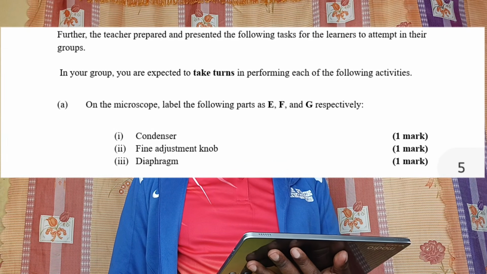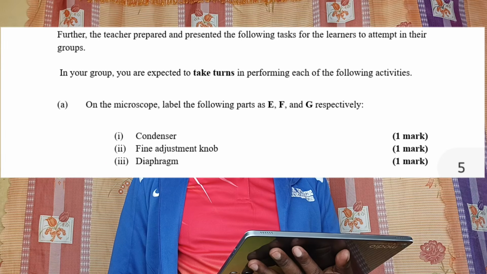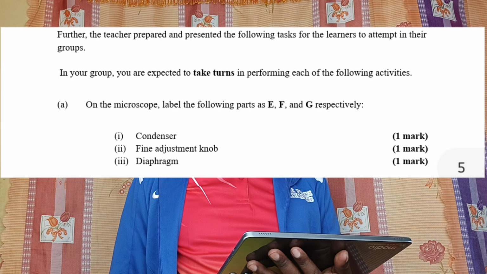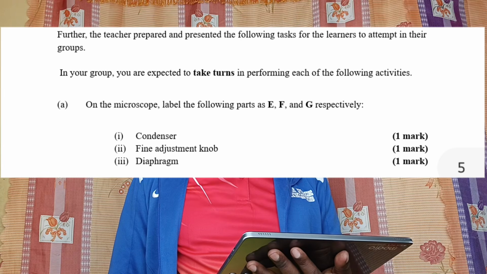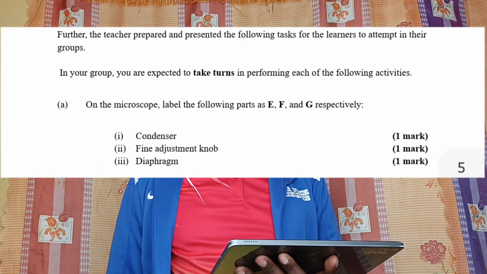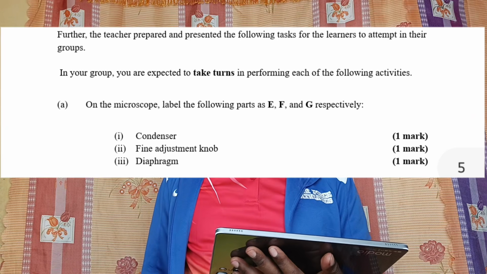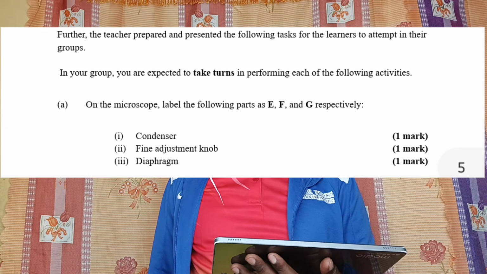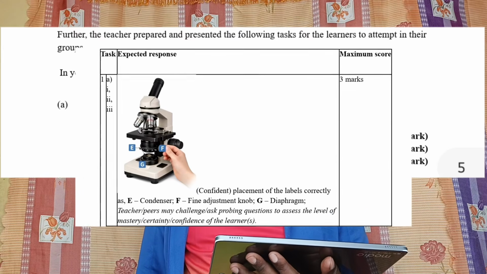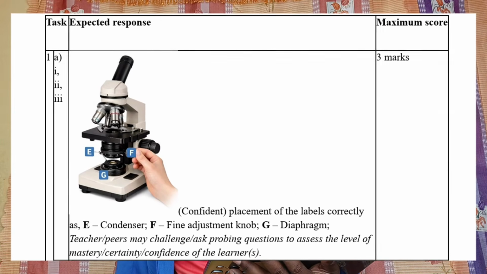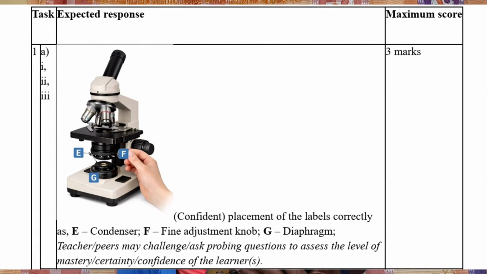Question A. On the microscope provided, label the following parts as E, F, and G respectively. Respectively means in that order, starting with the E and ending with the G. E is condenser, F is fine adjustment knob, and G is diaphragm.